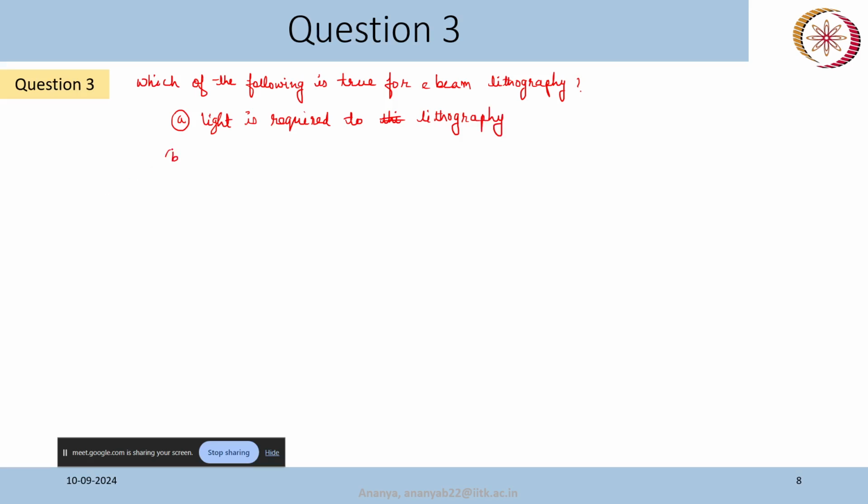Second option is mask process is required. Feature size is large in e-beam.